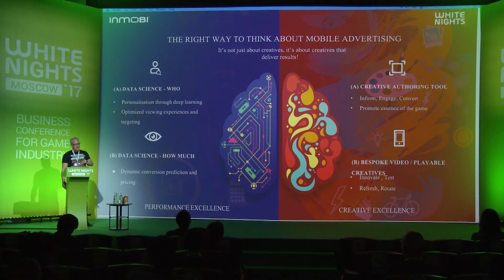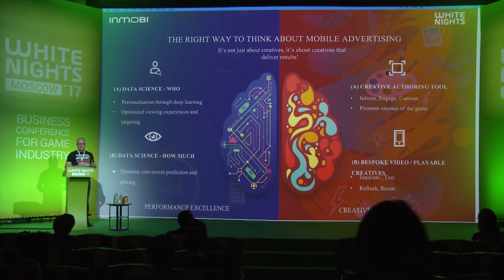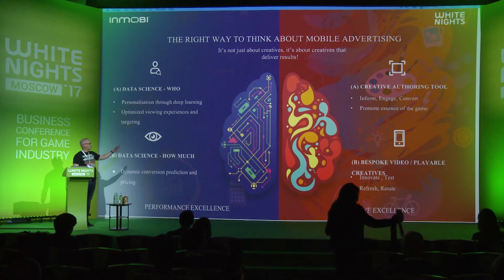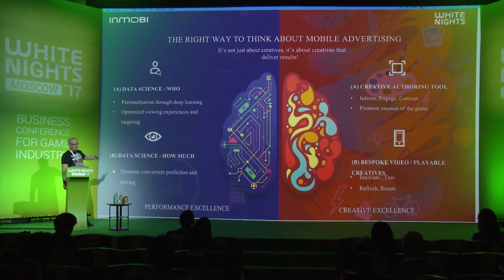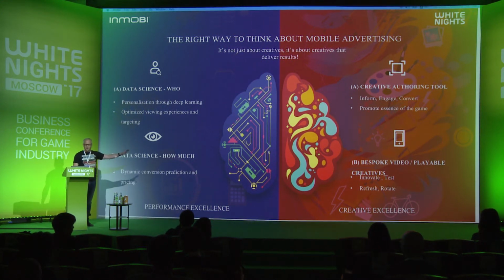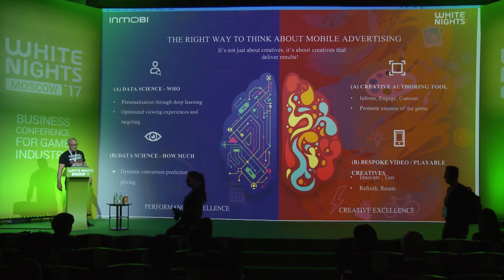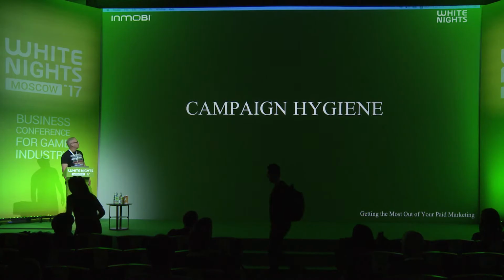And then the creative side of the brain is more around what are the right creatives to use that inform, engage, and convert users. So typically you'll have a data science team working on this left part and a creative services team working on the right-hand side of the brain. I won't go into any more anatomy topics. That's it.